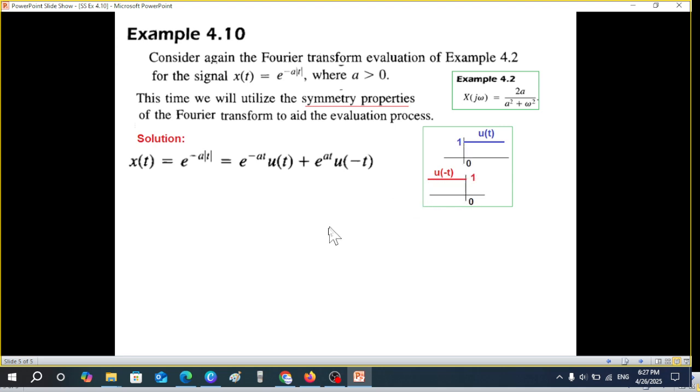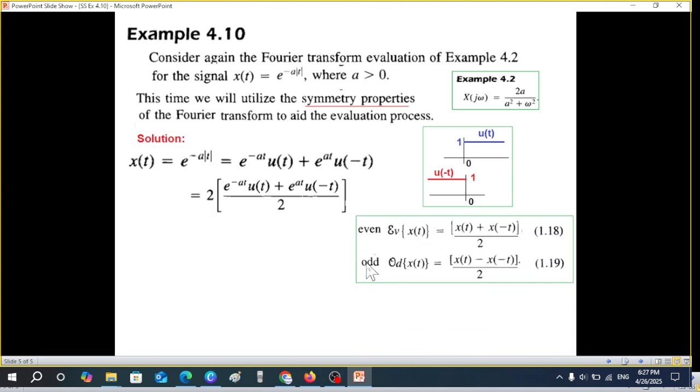The value is 1. And then we simply divide by 2 and multiply by 2. And then we use this formula. So this is for even x(t). So we'll apply that here. So it will be 2 times Ev, Ev is even, of e raised to the power minus at times u(t) from here.